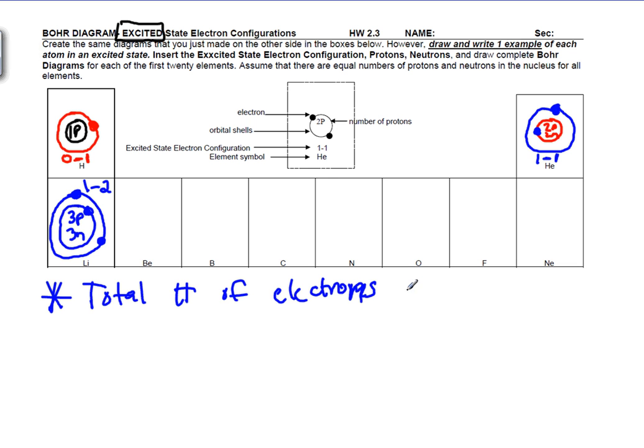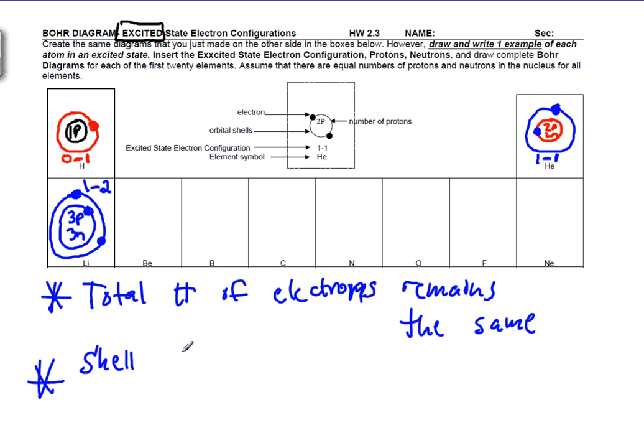That's one thing you have to worry about. The other is shell 1 can hold a maximum of 2 electrons.